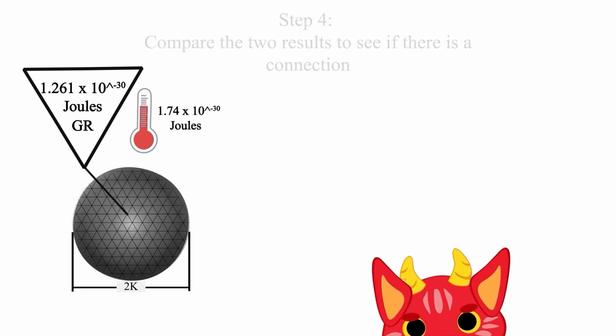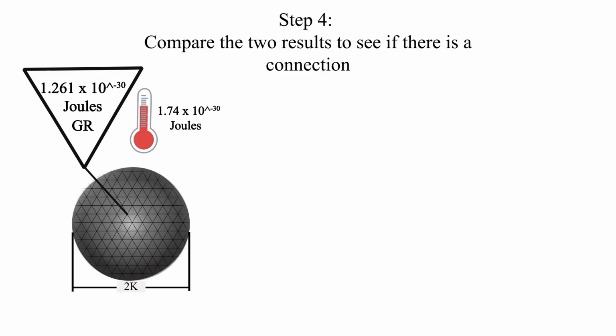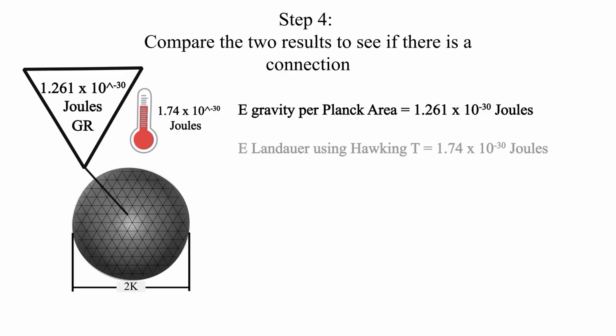Now we're going to compare the results to see if there's a connection. From GR, general relativity, we got 1.261 times 10 to the negative 30 joules. Using the quantum mechanical way, the Landauer limit at Hawking temperature, we got 1.74 times 10 to the negative 30 joules. This is a difference factor of 0.724. It looks like an emission process.